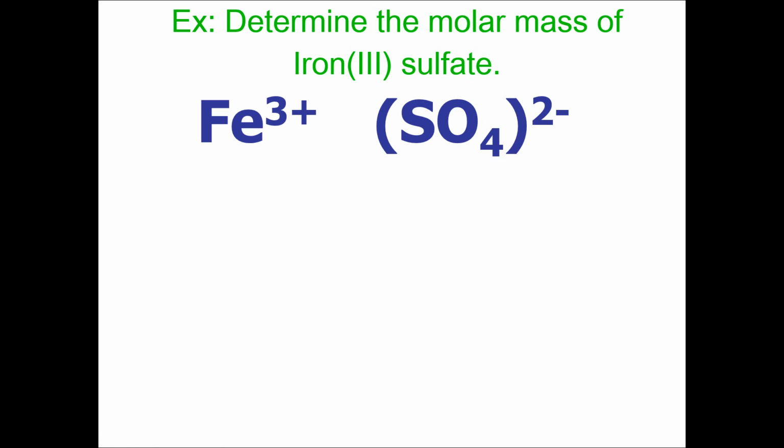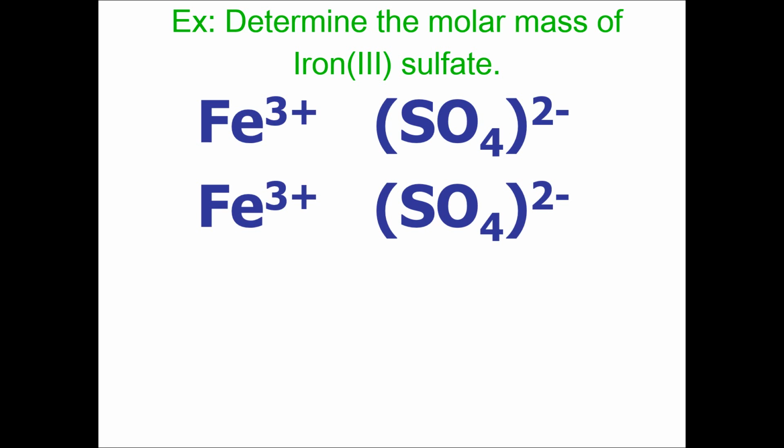I noticed that there are 3 positives and 2 negatives, so that means I need to add a little bit of each ion until we can have an even number. Now, if I think really hard, I might remember that the least common multiple of 3 and 2 is 6. So really my goal here is to make 6 positive charges and 6 negative charges.